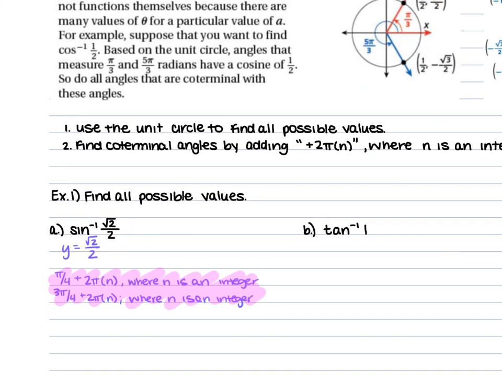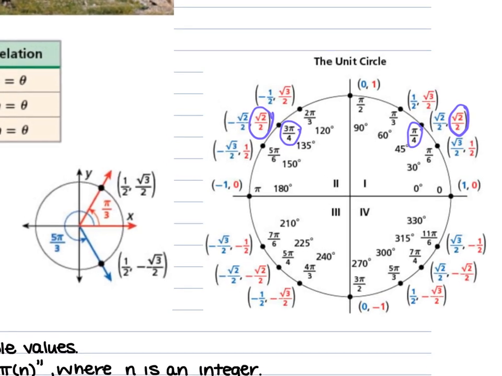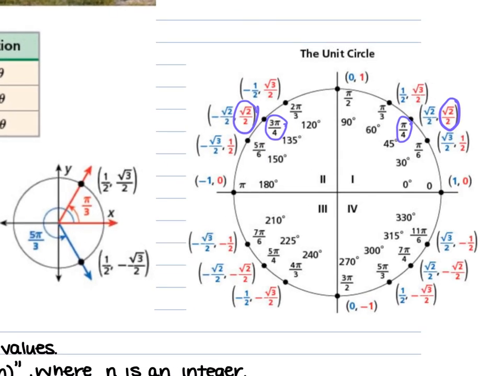For B, we're asked to find the inverse of tangent of 1. So again, we're going to look at our unit circle. If the tangent is y divided by x, we'll keep flipping here with these fractions. So we want x and y values with the same sign.